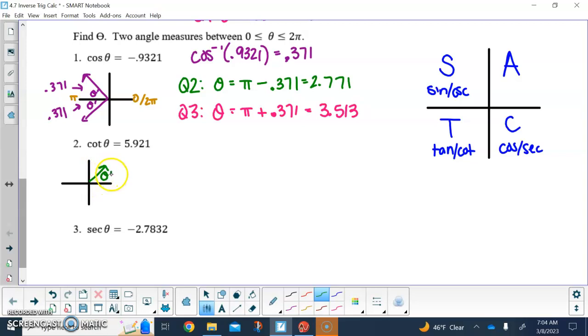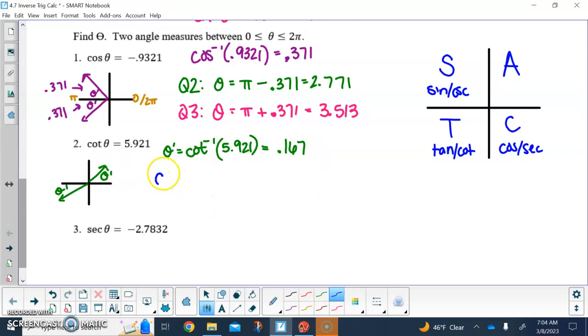So this time your reference angle is in quadrant 1 and in quadrant 3. So then we need to figure out what our reference angle equals. And so our reference angle, theta prime, would equal cotangent inverse of 5.921. And that should give you a value of 0.167.